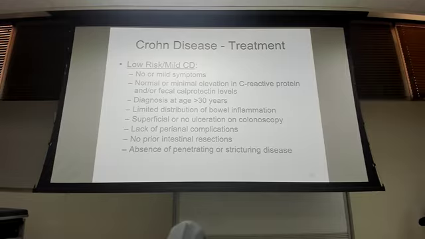Limited in its distribution of bowel. Superficial or no ulceration when they do the colonoscopy. There's no perianal complications, which we talked about. And no prior intestinal surgeries or resections. And we don't have penetrating or stricturing disease. So that's our mild patient with CD.